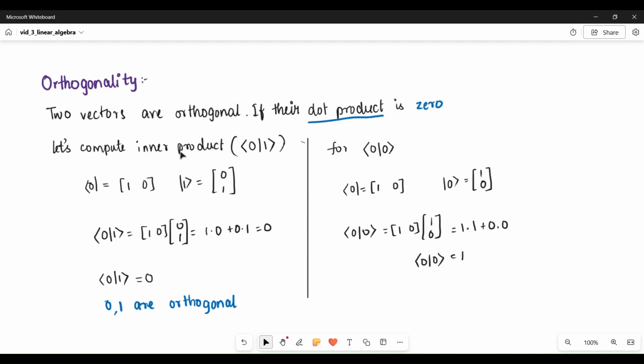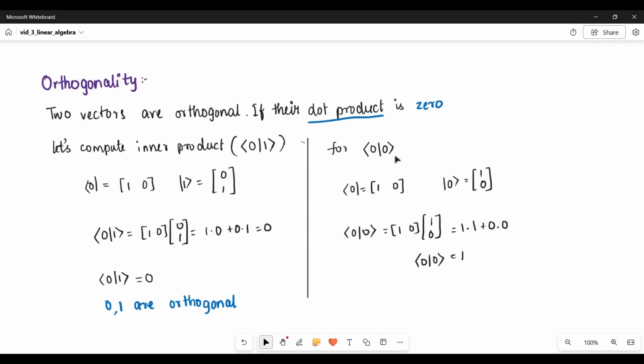So let's compute the inner product of bra 0 ket 1. Bra 0 is represented as 1, 0 and ket 1 as 0, 1. After doing the inner product, we get 0. So 0 and 1 are orthogonal. For vectors to be orthogonal, the dot product must be 0.